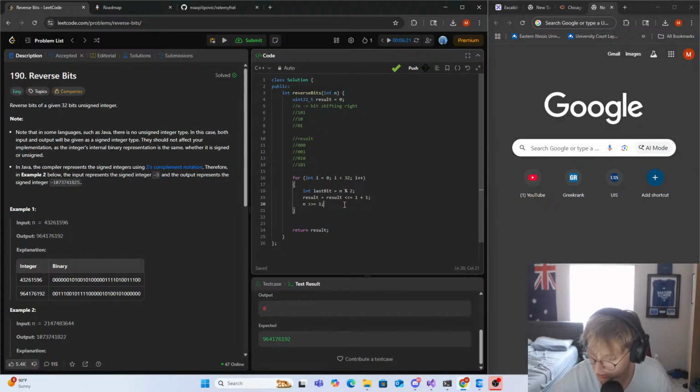The thing is, I'm not familiar with specifically what masking is yet. I'm still extremely new to these sorts of problems, so let me search it up. What is masking in bit manipulation?